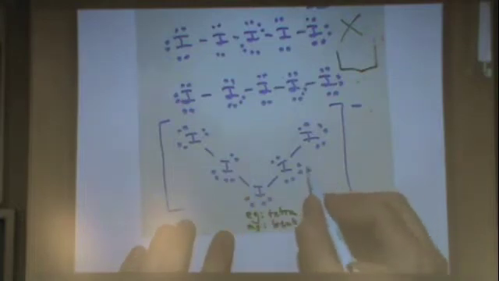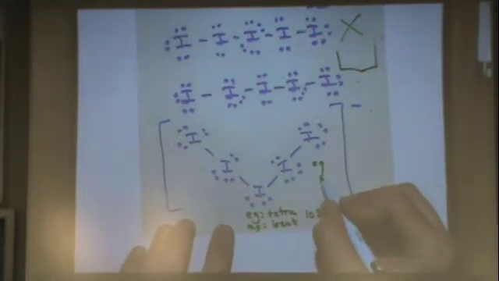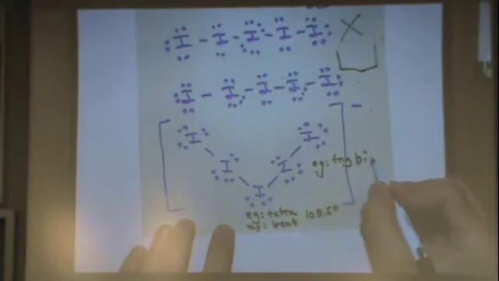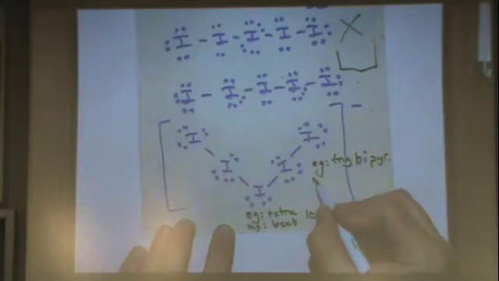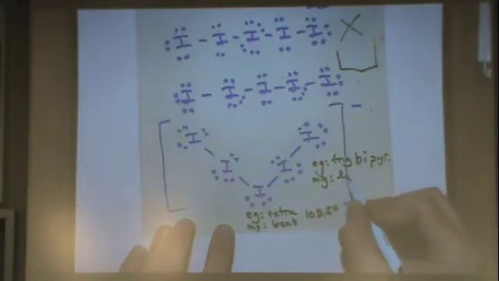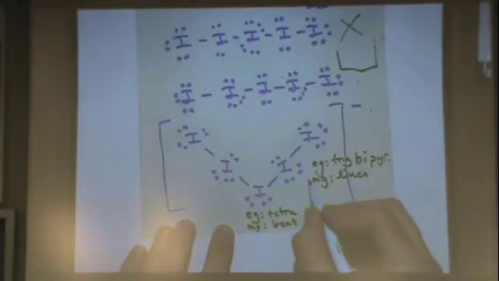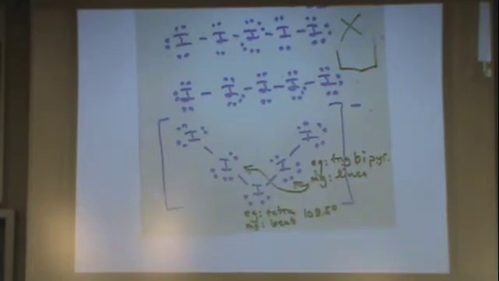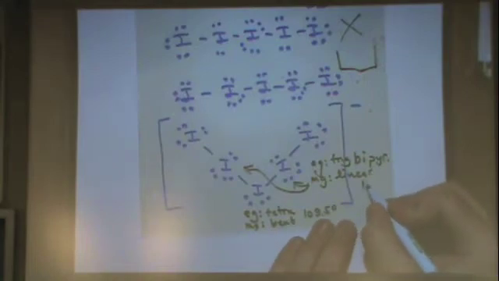For these 2 iodines, the electronic geometry you told me was trigonal bipyramidal, and the molecular geometry with 3 lone pairs is linear. So that's this iodine and then the iodine over there. You don't do shape for terminal ones, so you won't have to do it for those last iodines. And then the bond angle for linear is 180 degrees. That looks like a V. How many pi bonds?